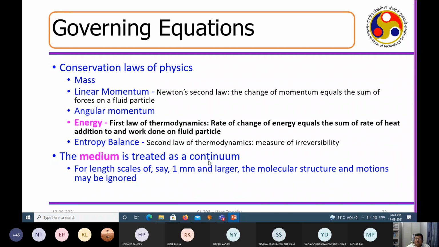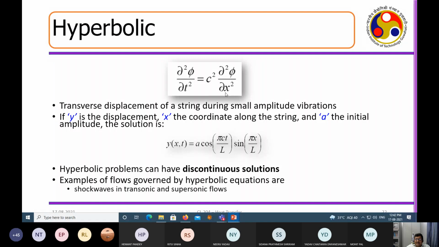Continuum, what is the definition of continuum? Suppose when I say del phi by del x, what is the inherent assumption here associated with phi? The assumption is that phi is a continuous function. Phi is not a discontinuous function. Phi has a solution for every point in the space. Nowhere is it diverging. If it diverges, then this equation doesn't hold good.